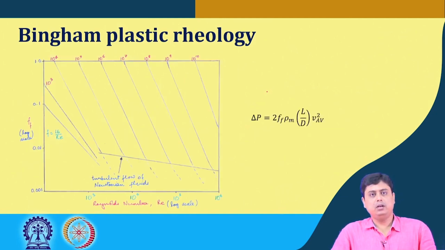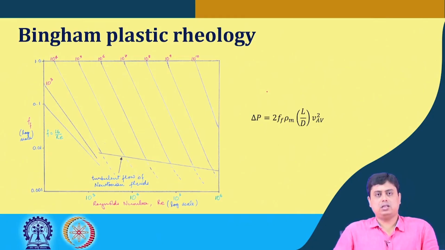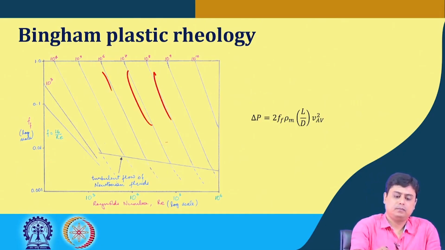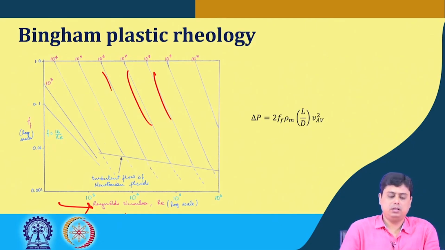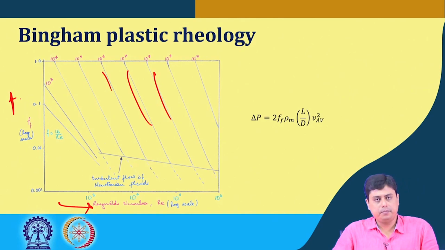So, quite naturally we have to have a flow regime chart. Now, in this case, the friction factor chart is dependent on the Reynolds number as well as the Hedstrom number. So, these are the Hedstrom number lines, and the x axis is the Reynolds number, y axis is the friction factor, both are in log scale.